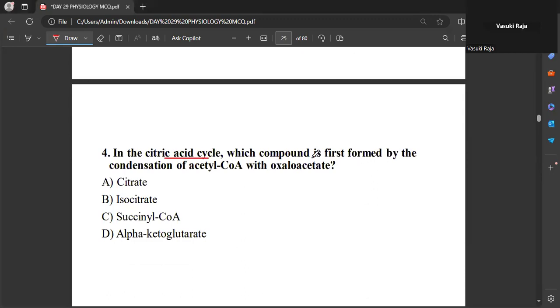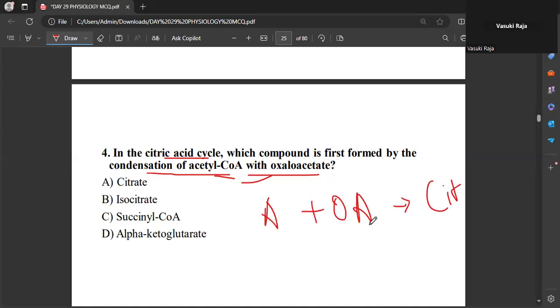In the citric acid cycle, which compound is first formed by the condensation of acetyl-CoA with oxaloacetate? The only thing you have to remember is the cycle. That's all about the metabolism. And what will be the name of the enzyme involved in this particular step? Acetyl-CoA plus oxaloacetic acid gives citrate.